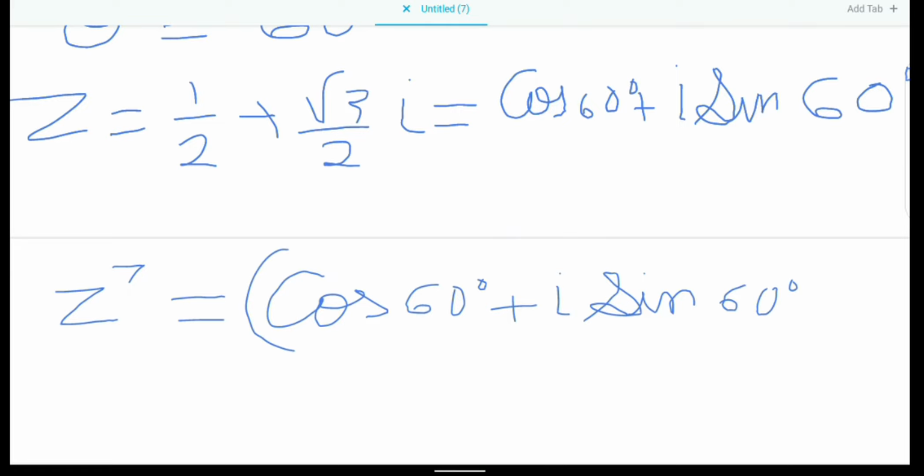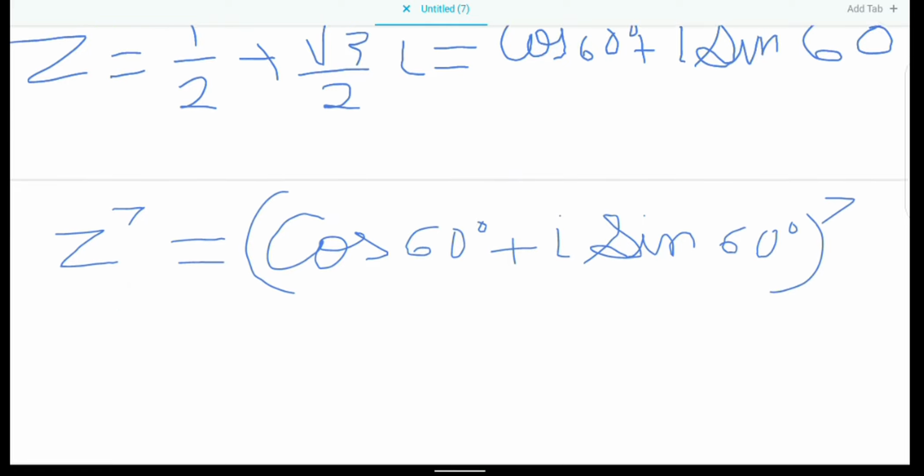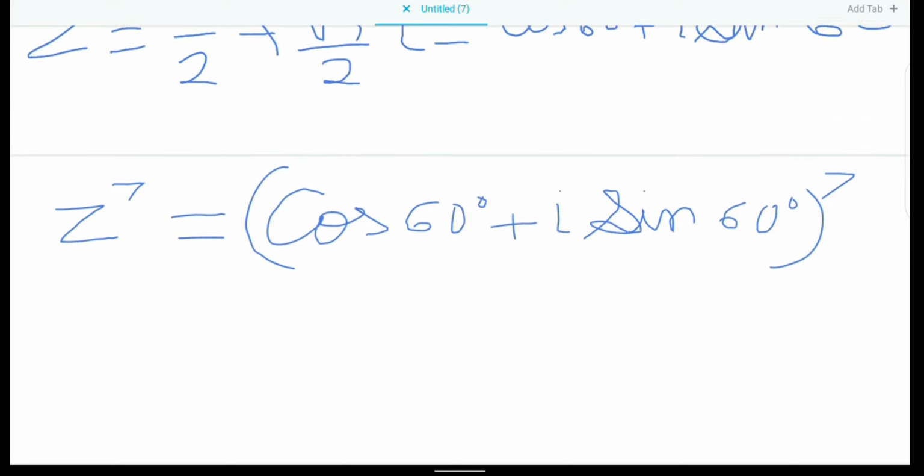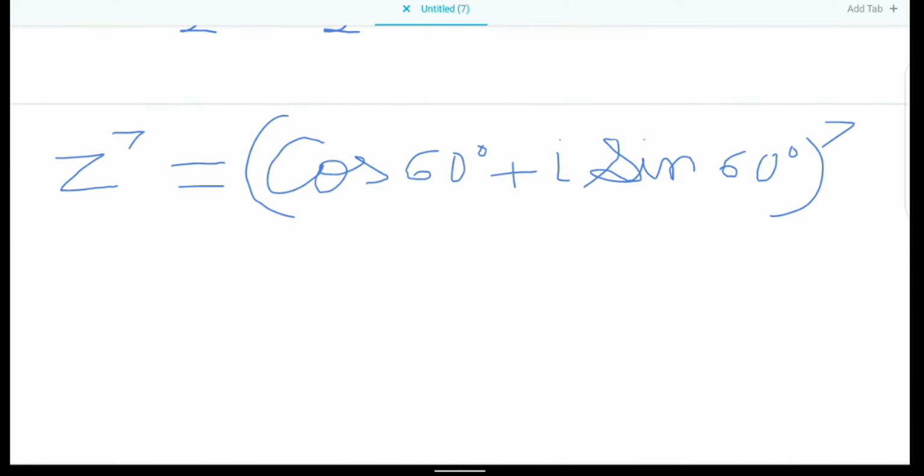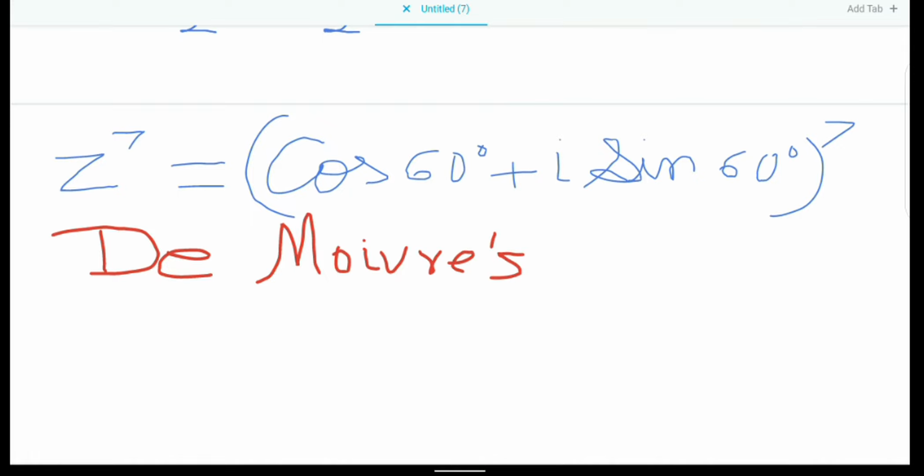However, if we want to apply De Moivre's theorem, it's not just enough that we convert it into polar form. We just need to recall exactly what De Moivre's theorem says.